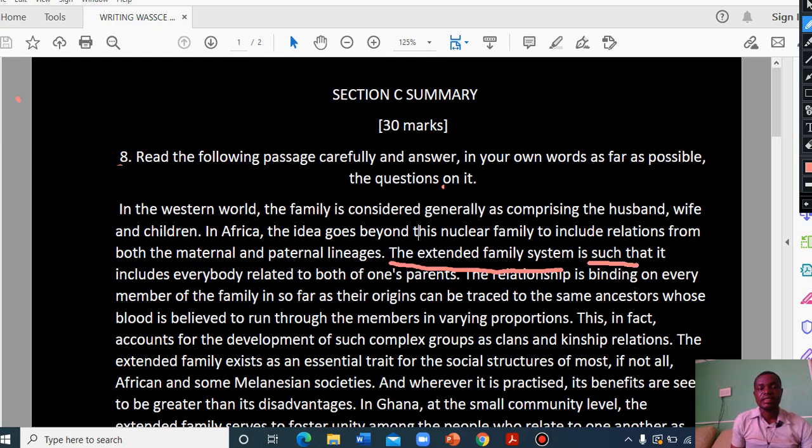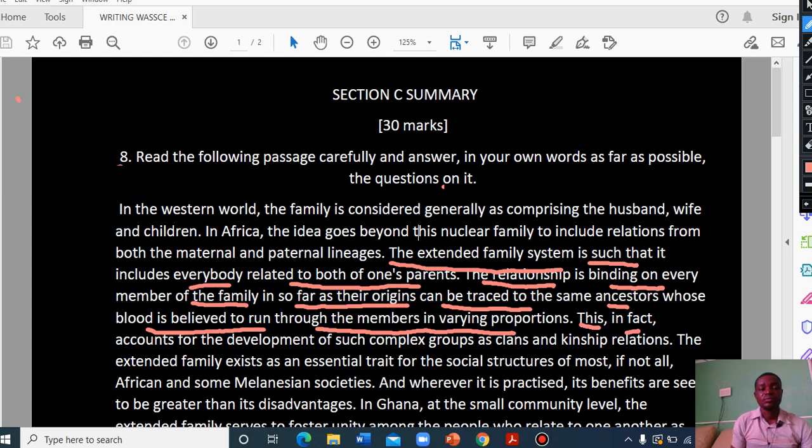So the extended family system is such that it includes everybody related to both of one's parents. The relationship is binding on every member of the family insofar as their origins can be traced to the same ancestors, whose blood is believed to run through the members in varying proportion.